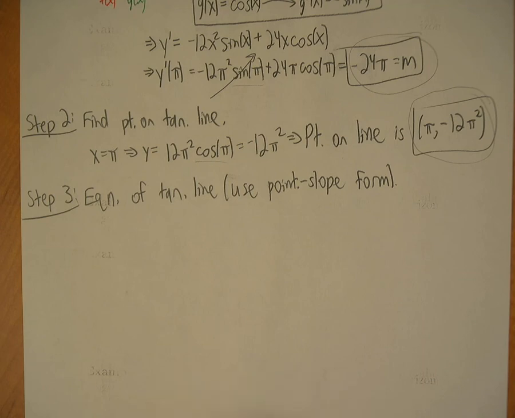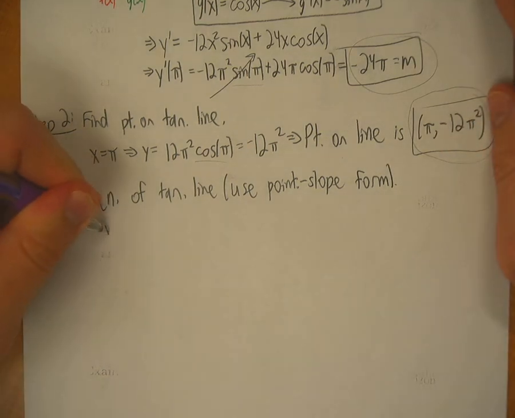Here I'm just focusing on what exactly you get if you plug everything directly into the point slope form. What should you immediately get?